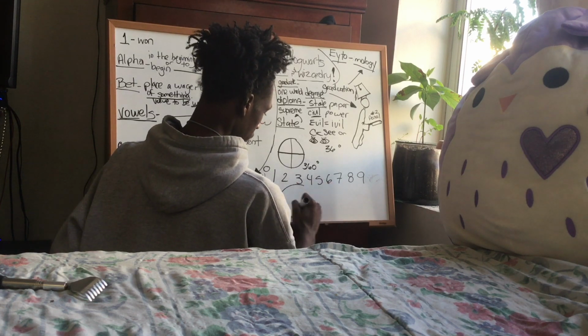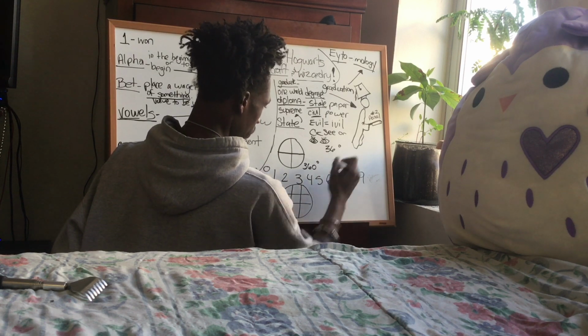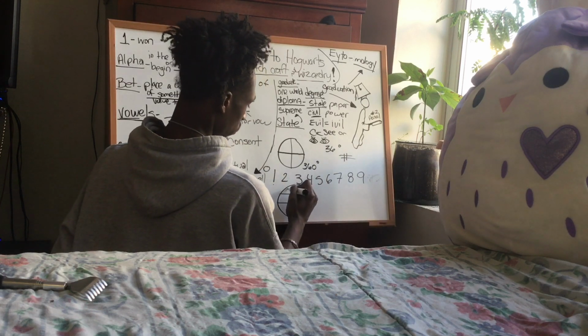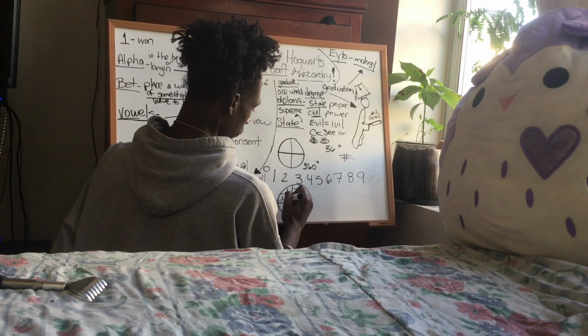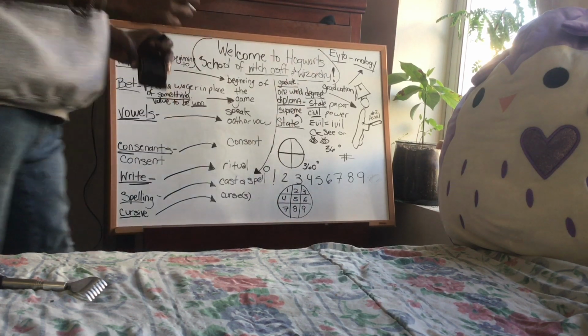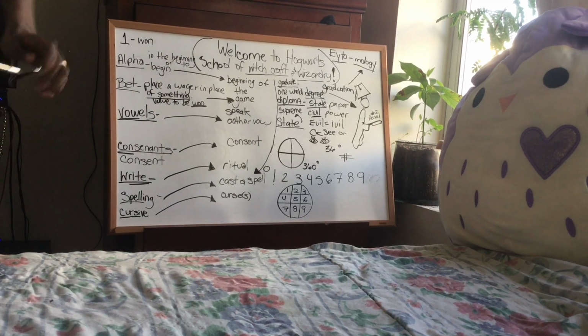Let me do this. You guys can see. This is the number sign, right? You guys all seen this? Number sign. So 1, 2, 3, 4, 5, 6, 7, 8, 9. Where's the 10?